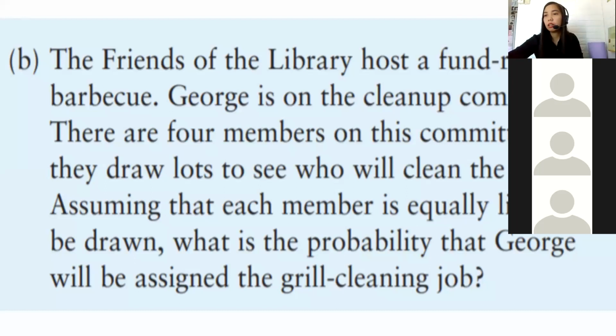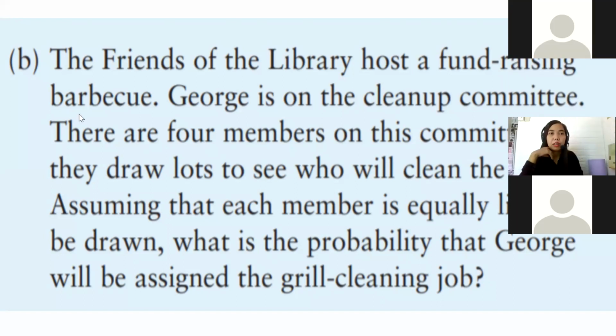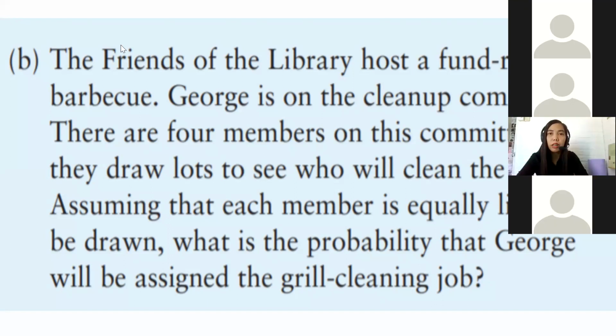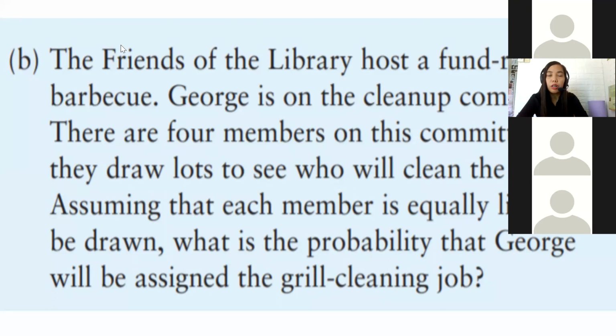Ma'am, I didn't write the formula for the third one. Okay, for the third, the probability of A is equal to the number of favorable outcomes over the total number of outcomes. So what is the number of favorable outcomes? How many are they?